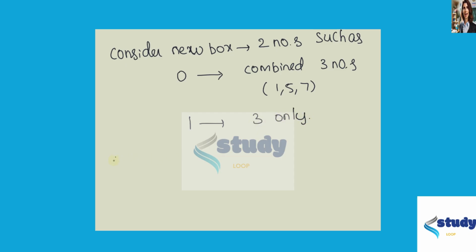So therefore the box contains a total of 4 numbers, such as 1, 3 and 4 zeros.